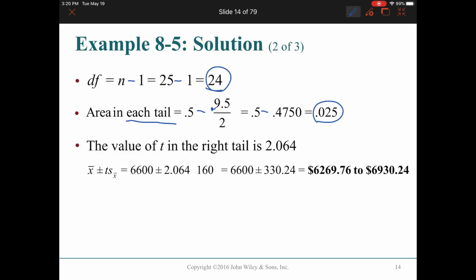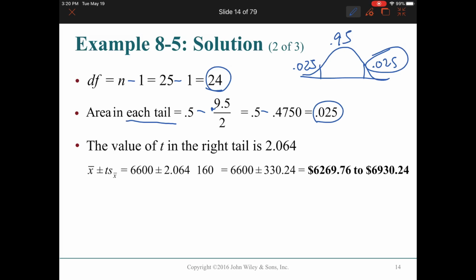And so we get 2.5% in each tail because it's a 95% confidence interval. We've seen a picture like this before. If we have 95% in the center, we have 0.025 in each tail.